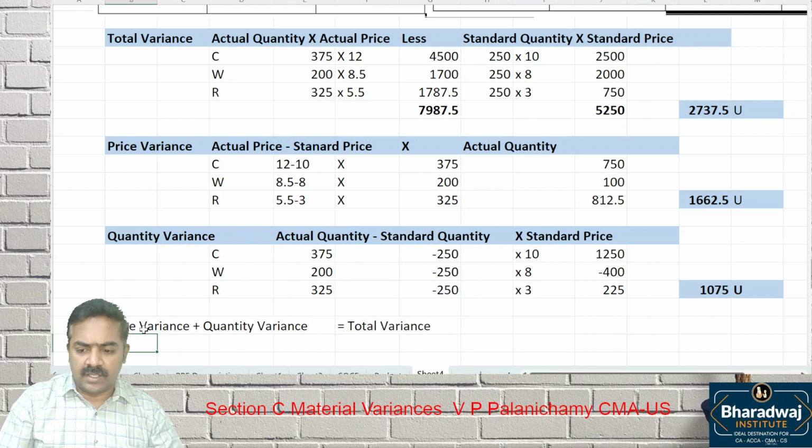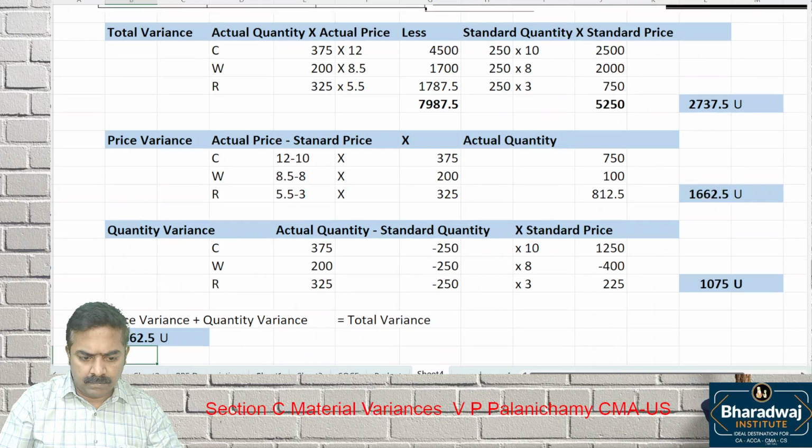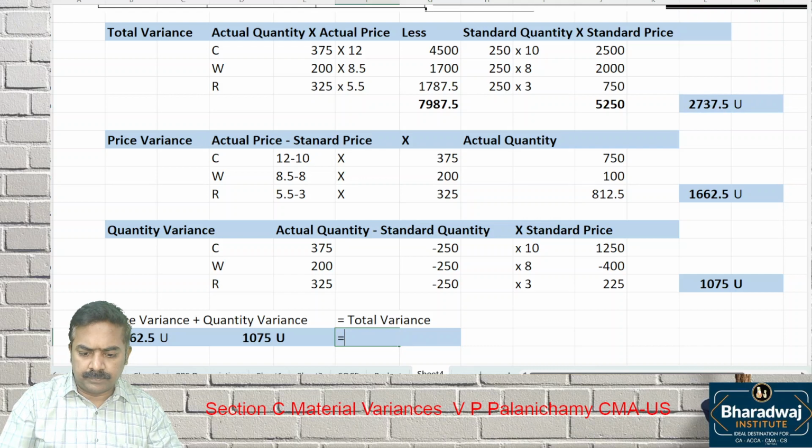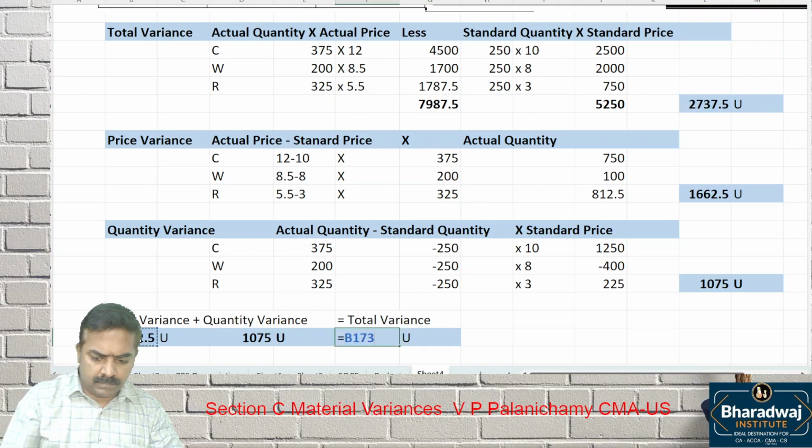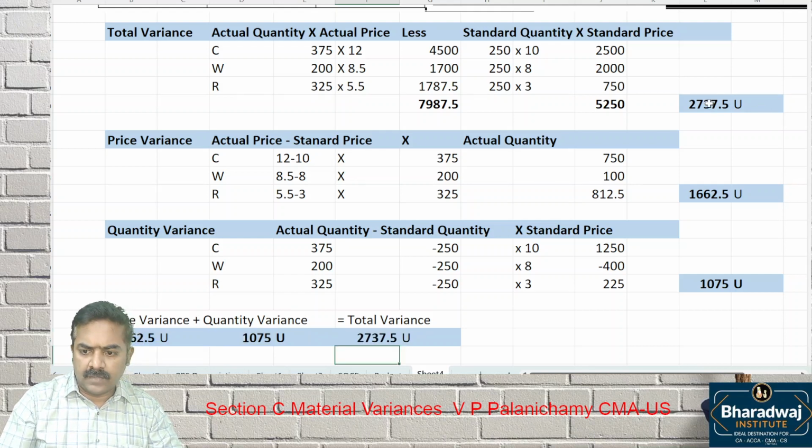Total variance is also called cost variance. Yeah, we get this.